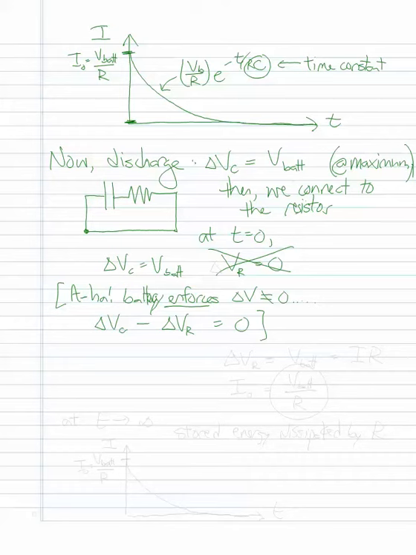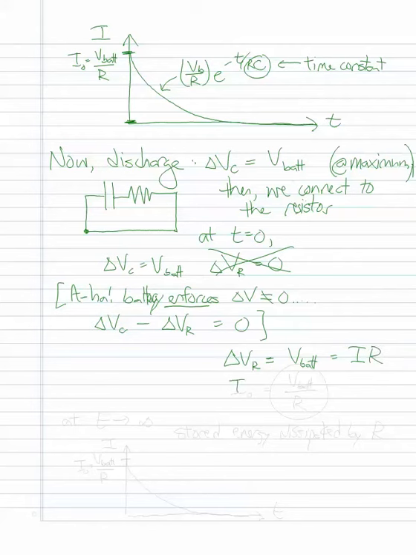So I was wrong about that. The voltage difference across the resistor has to be equal to the battery. And I'm not worrying too much about the signs here. I'm just going to figure out what the current looks like, because I'm just showing the magnitude of the current. Anyway, okay, so what that means is that this is IR.